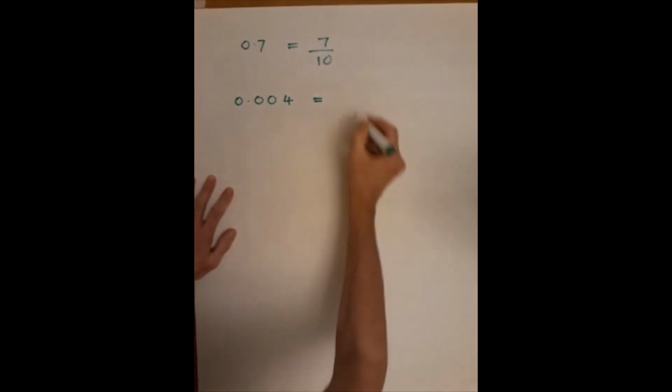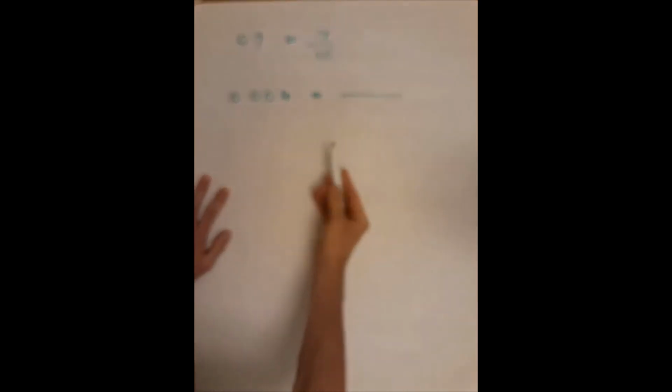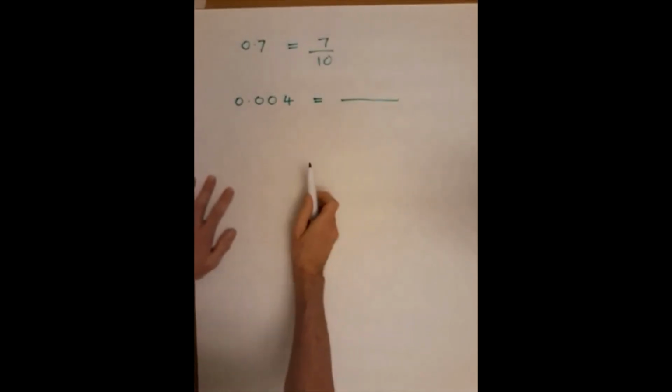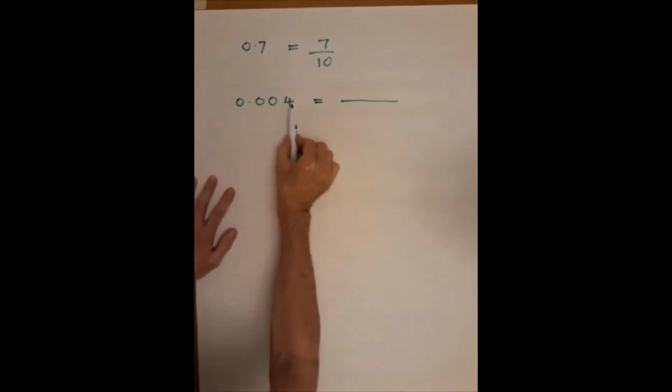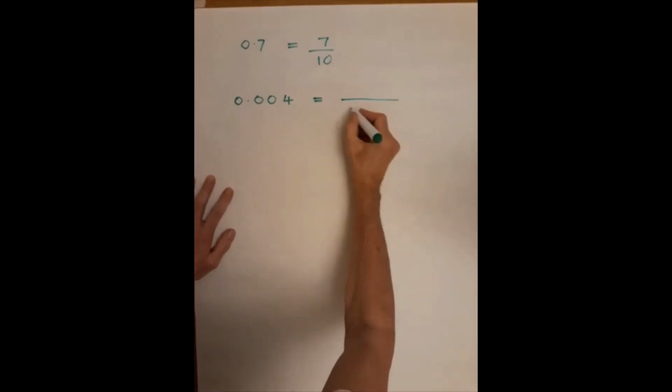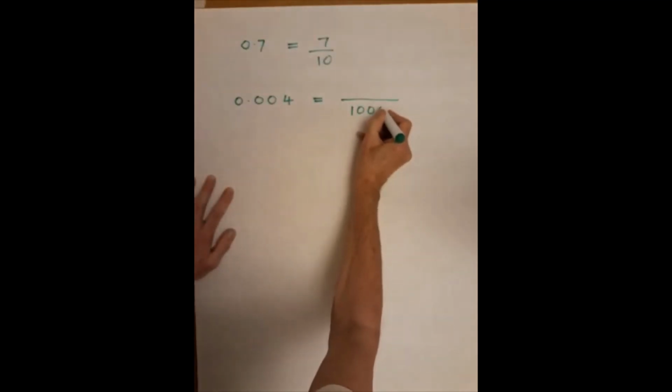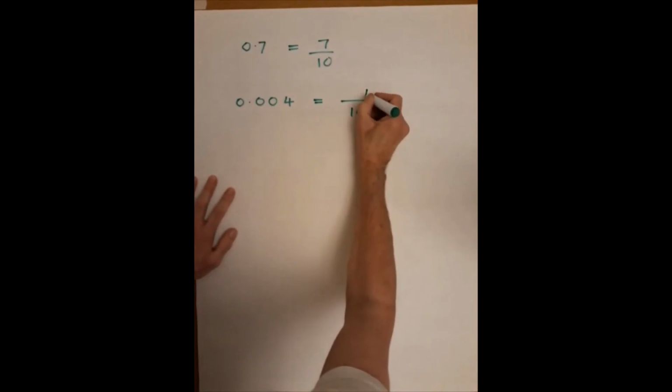Okay, so we're going to write a number on the top and a number on the bottom. The number on the bottom is going to be tenths, hundredths, thousandths. So on the bottom, we want 1000. And on the top, we want 4.